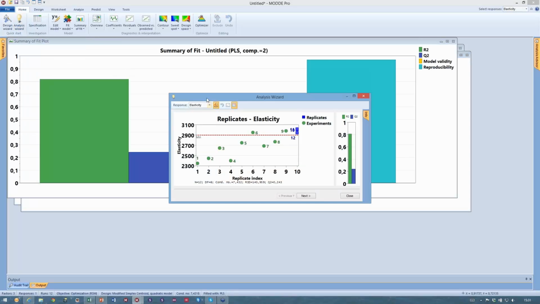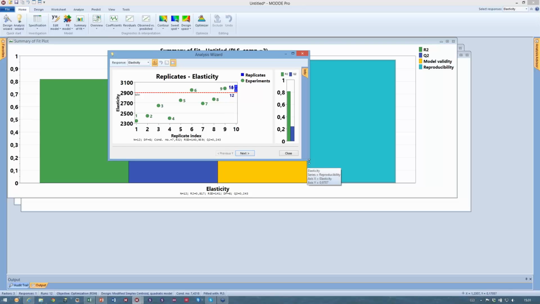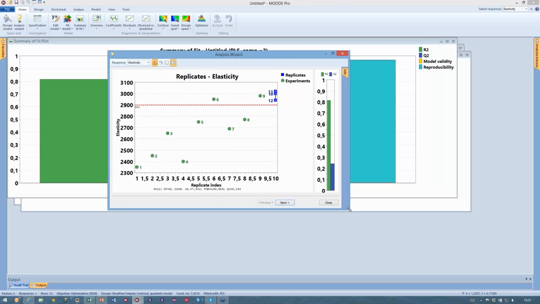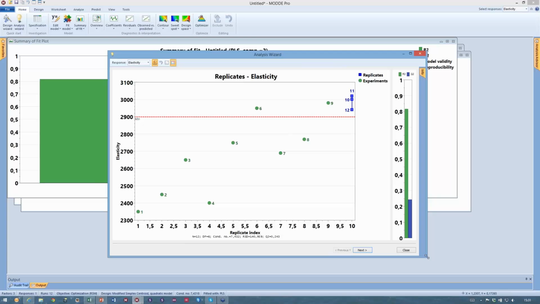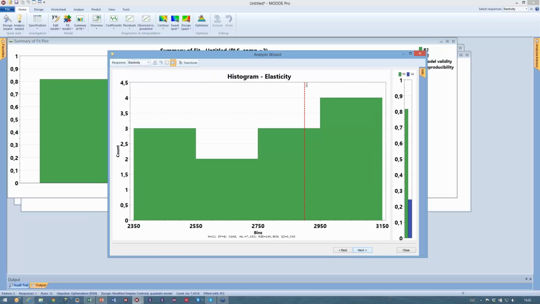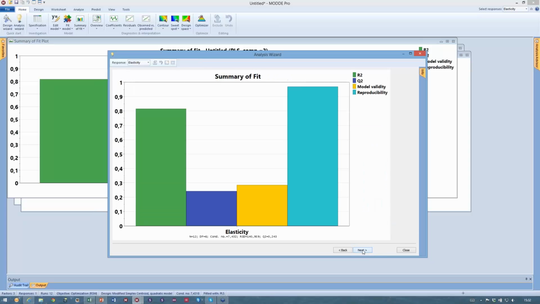And in the analysis wizard, we then have this guided workflow. I will enlarge this window a little so we see where the first plot is the replicate plot. And we can see that the spread in the replicates is small compared with the spread across all the other experimental points. The histogram plot of the elasticity suggests that we should continue to work with the response in the untransformed metric.